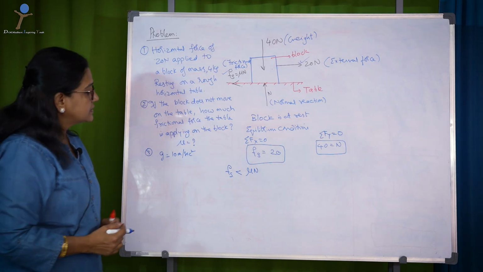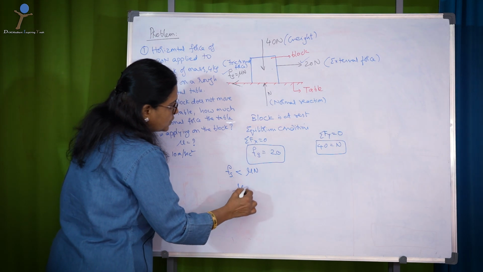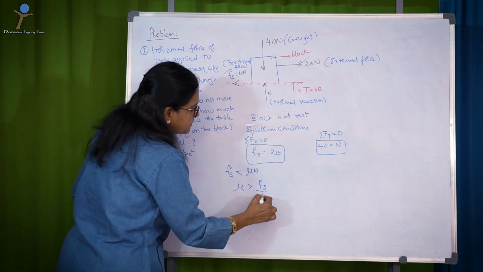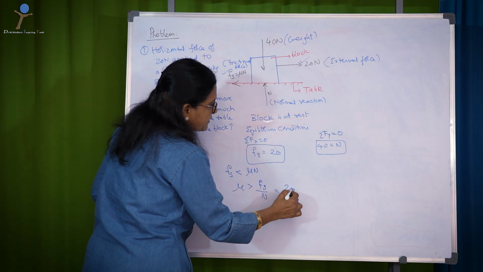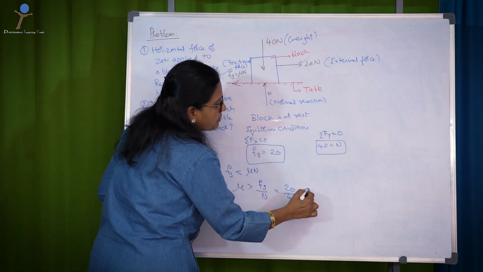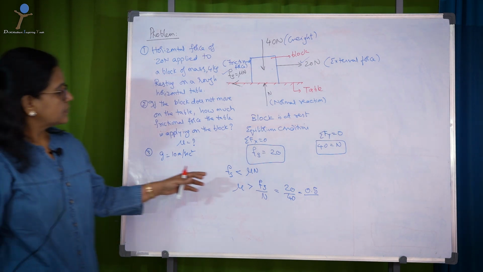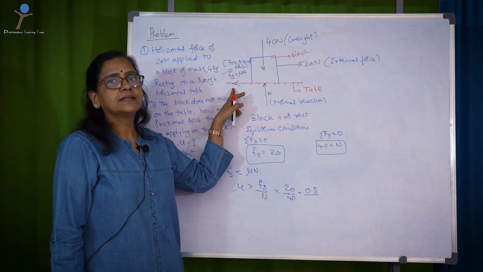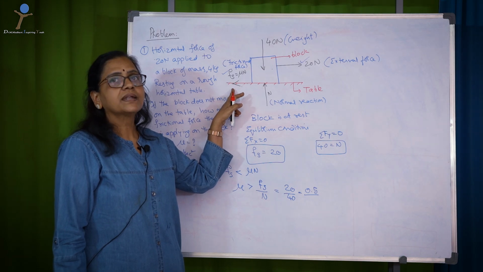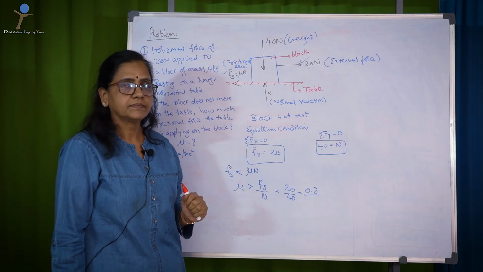Now coming back, if Fs is less than mu N, that means mu is greater than Fs by N, that is nothing but 20 by 40, which is 0.5. So, a coefficient of friction of 0.5 is acting at the contact surface of the block and the table.